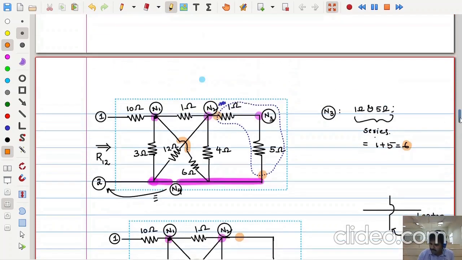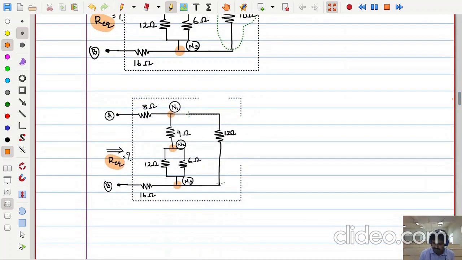Right. Now let us come back to this problem. Now see, are there any parallel connected elements? Quickly. For which, what do we need to look at carefully? Elements and their corresponding junction points.